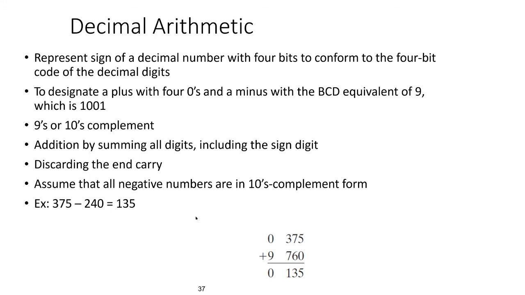That's going to give you 135. And the way to do it here is, first part is come up with the tens complement of this value, this 240, which is 9760. And the other value, of course, is just positive.